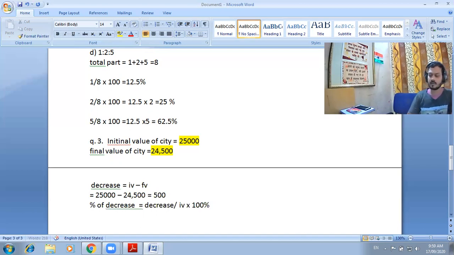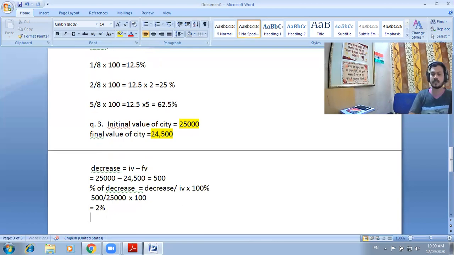So the decrease equals 500 divided by the initial value, 25,000, into 100. After simplification, the zeros cancel out here, and the answer becomes 2 percent, the percentage of decrease in question third.